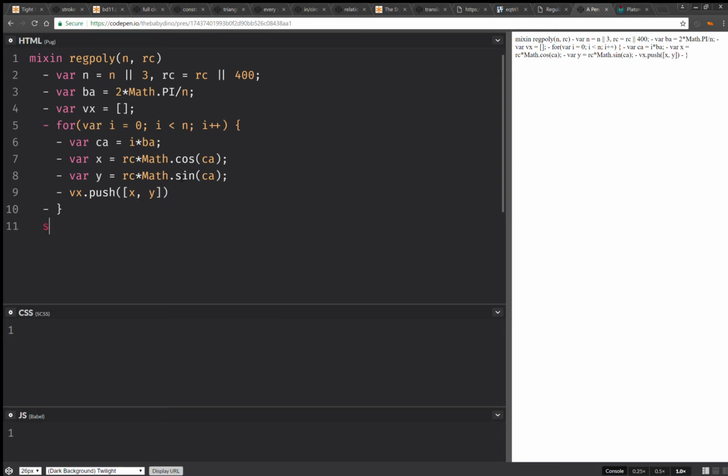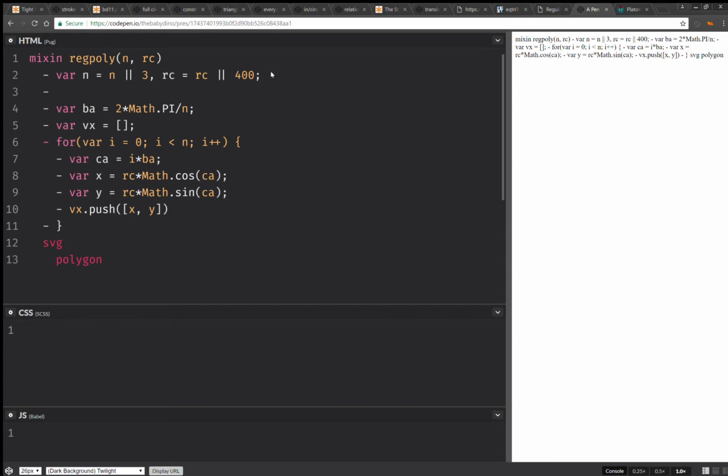Now here, we're going to have an SVG and a polygon. Now, the size of this SVG should be enough to fit the circumcircle. So that means it should be the diameter of this circle. So we're going to compute this diameter, which is going to be 2 times the circumradius.